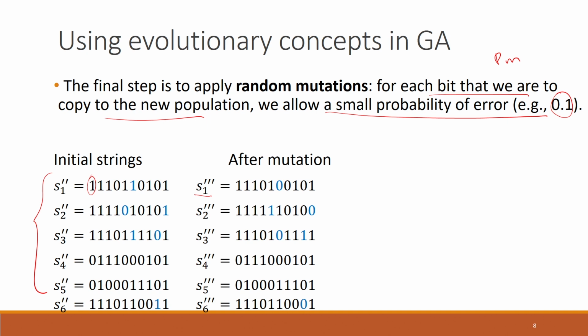Since the mutation probability is set to 0.1 in this case, we will flip a biased coin. Here we can set the head value for this biased coin to be 0.1 and the tail value to be 0.9. If we flip this coin and suppose it lands tails, then we do not change this.